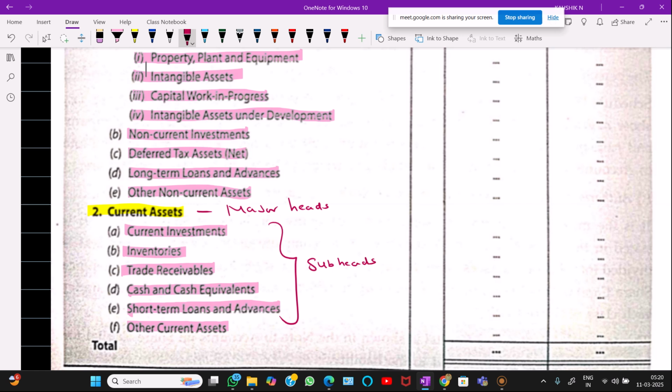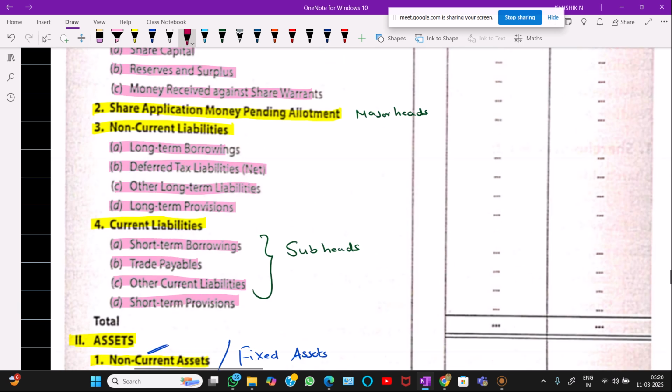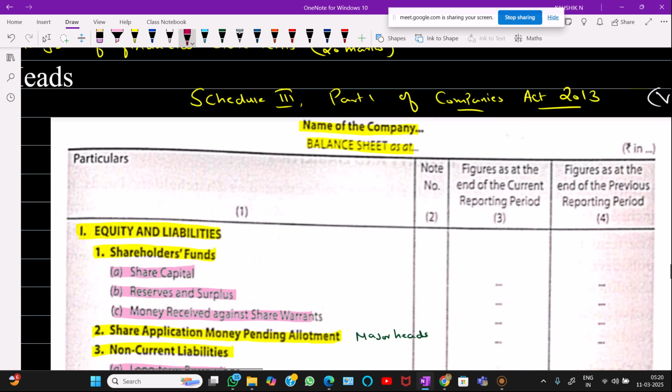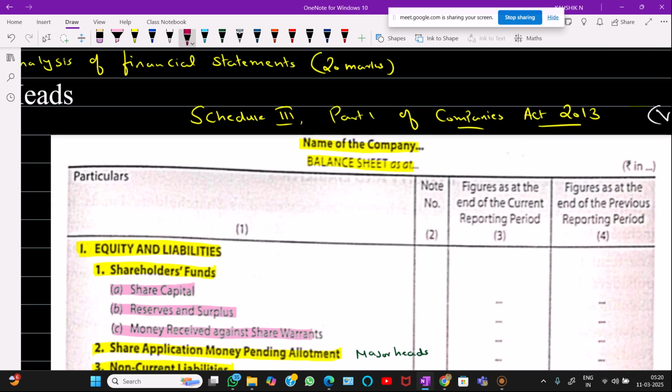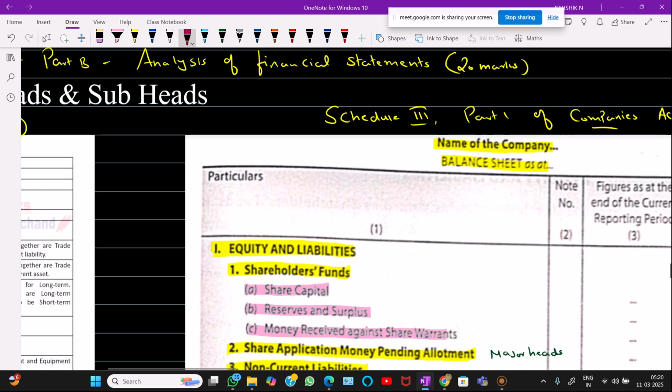So now I think you are very clear that major heads and subheads are the components or elements of your balance sheet, which is one of your financial statements. I repeat, major heads and subheads are an element of your financial statement, and here the financial statement is your balance sheet. Any doubts in this understanding?